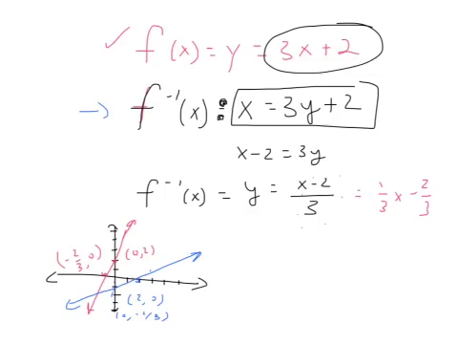And you may have seen this before, but what's really cool about this, since we switched the x and y's, and we'll think more about this later, is that these become reflected mirror images always over the y equals x line.